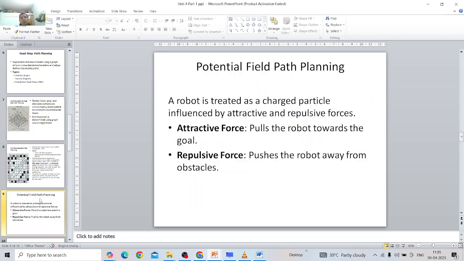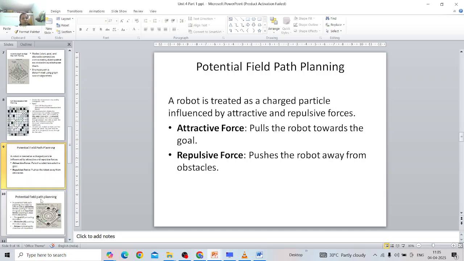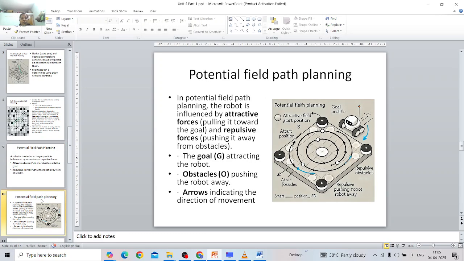The next one is potential field path planning. In potential field path planning, a robot is treated as a charged particle influenced by attractive and repulsive forces. You know, attractive means pulling. Attractive force pulls the robot towards the goal, and repulsive force pushes the robot away from obstacles. Now we will see the representation of potential field path planning.